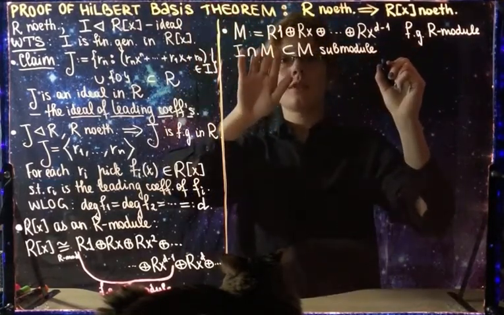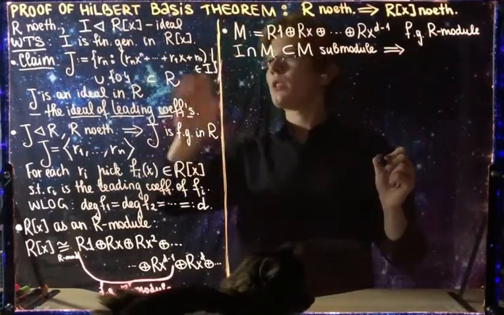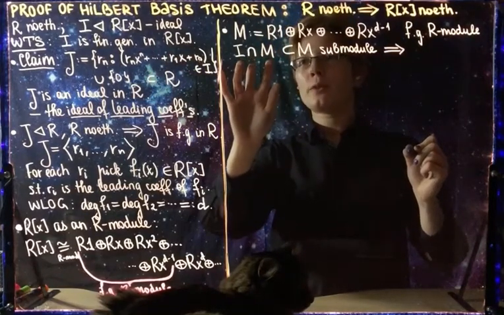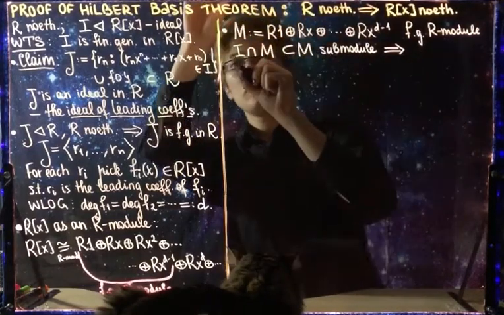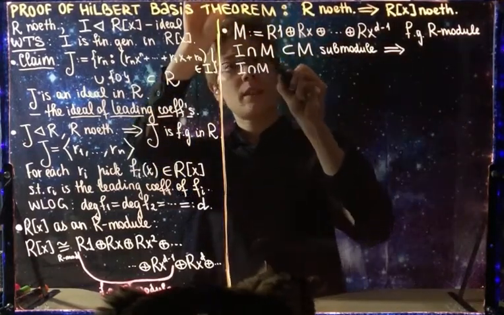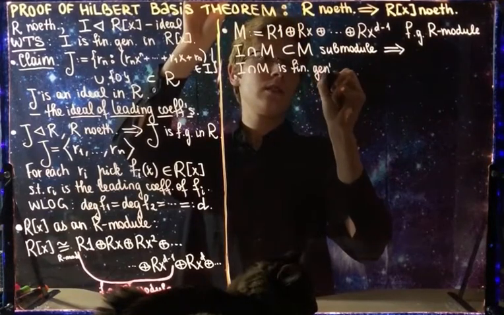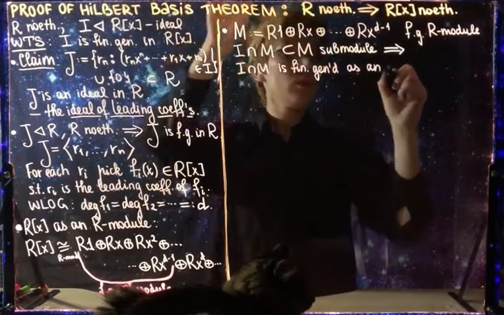And because R is Noetherian by assumption, we proved last time that it means that every submodule of a finitely generated module is itself finitely generated. So I intersected with M is finitely generated as an R module.